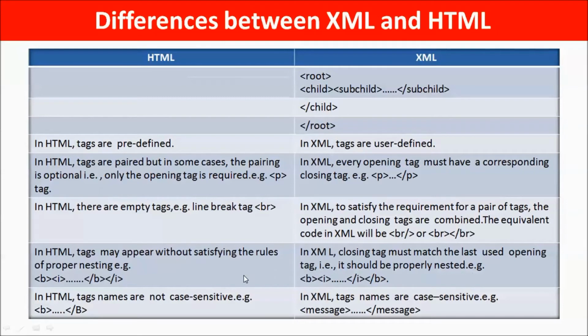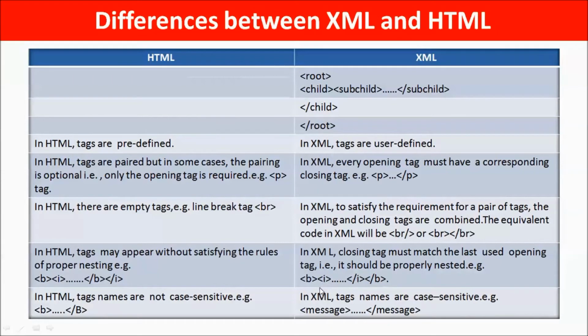So what we have got is that in HTML, even without proper nesting, the tags work. But in XML, nesting should be proper. That means the inside tag should be inside and the outside tag should be outside. In this example, the i tag should be inside the b tag.